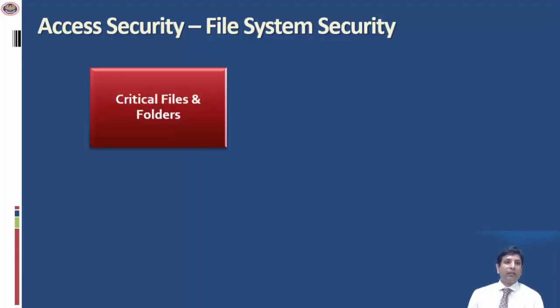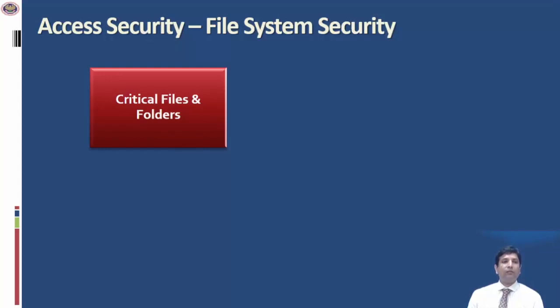These could include critical files and critical folders. Now, what are critical files or folders? These could have application programs, data files which hold the data, backups, configuration, and user security files. User security files, for example, the SAM file in Windows is a user security file where all the Windows user IDs and passwords are stored.